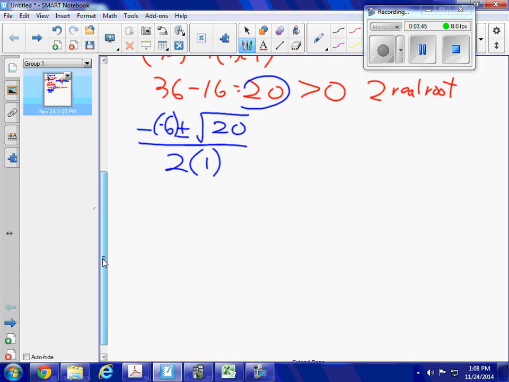So now I have my roots as 6 plus or minus the square root of 20, over 2.